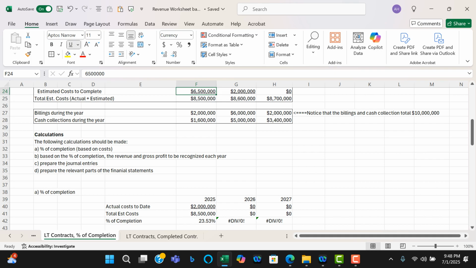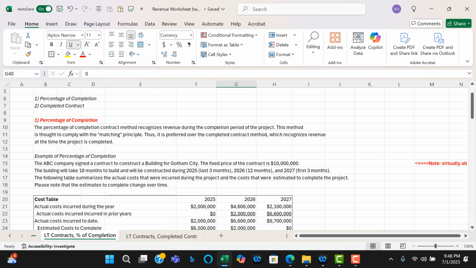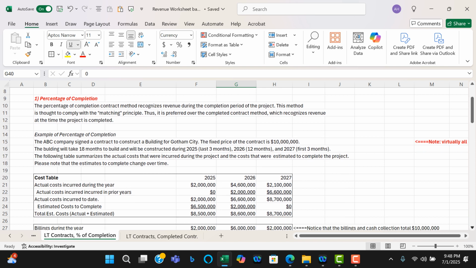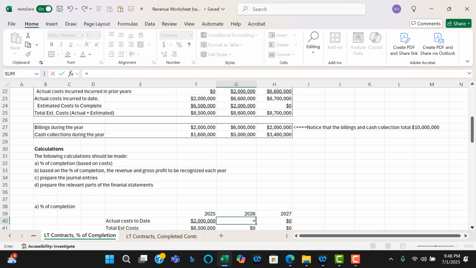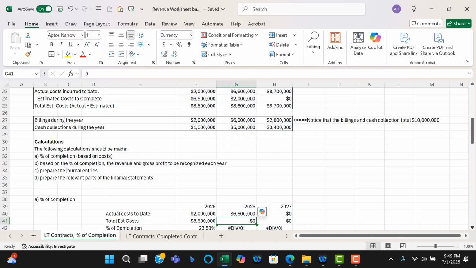Okay, now you come to 2026, and in 2026, by the end of the year, actual cost to date, if the number is just up here, is 6.6 million. So I'm just going to go ahead and move that 6.6 million down to here. Okay, so the actual costs to date are 6.6 million, and you're almost finished.